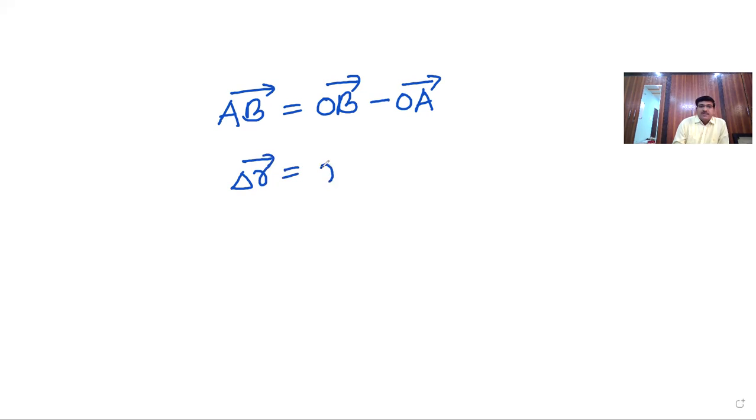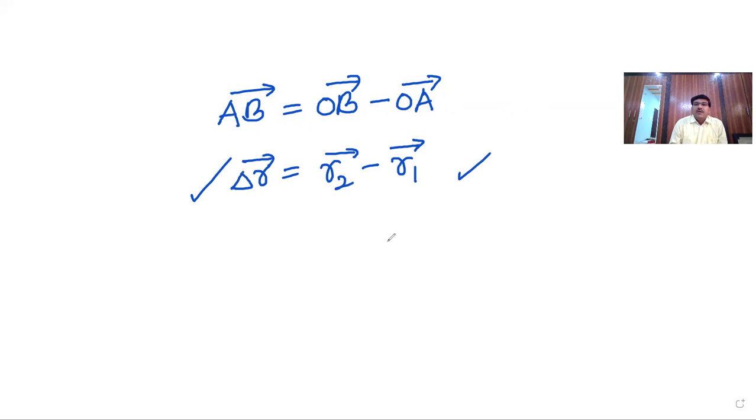Final position vector R2 bar minus initial position vector R1 bar. This we also have seen by means of the triangle law of addition in the previous session. Just go through those videos, you can easily understand. Clear? So this is the displacement vector in terms of position vector: final position vector minus initial position vector. There is a change in position. Wherever there is a change in position, there occurs the displacement.